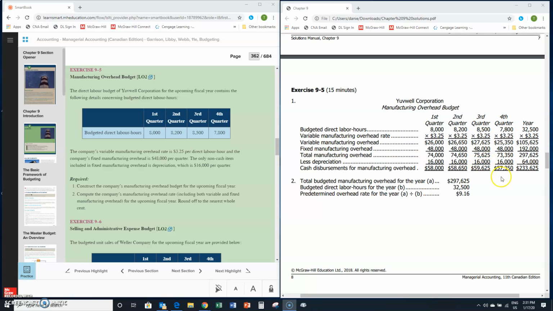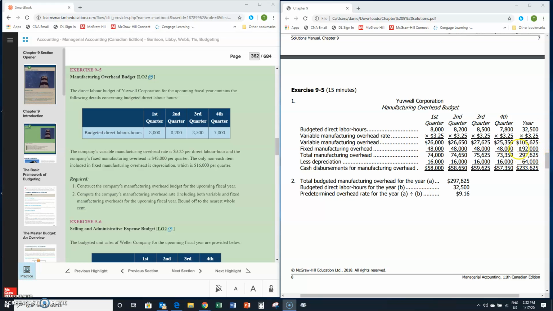your cash disbursements. In part 2, they ask us to compute the company's manufacturing overhead rate, including both variable and fixed manufacturing overhead for the upcoming fiscal year. So, to do that, we take our total budgeted manufacturing overhead for the year. So that's the $297,625.